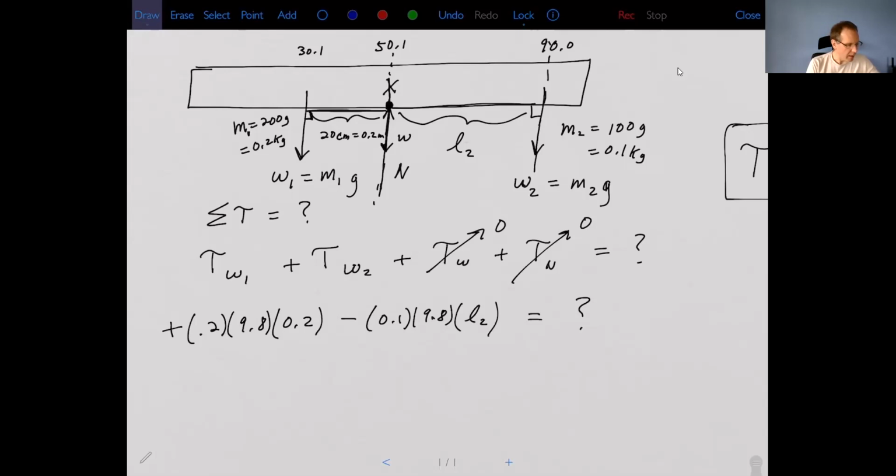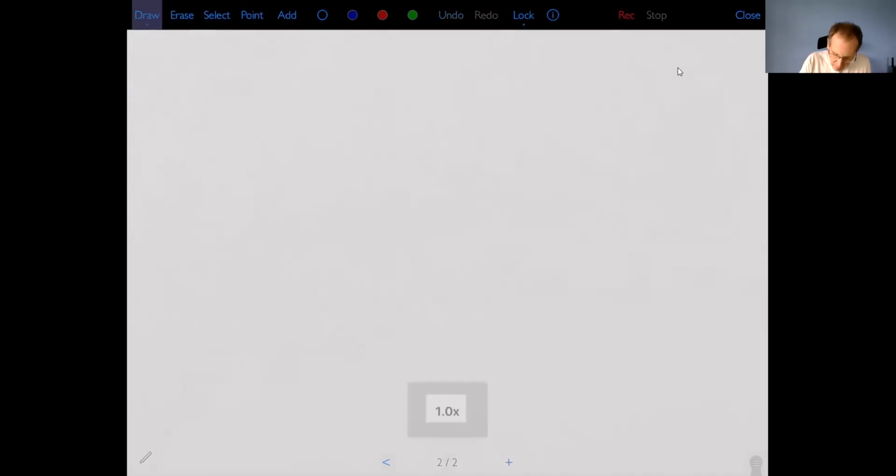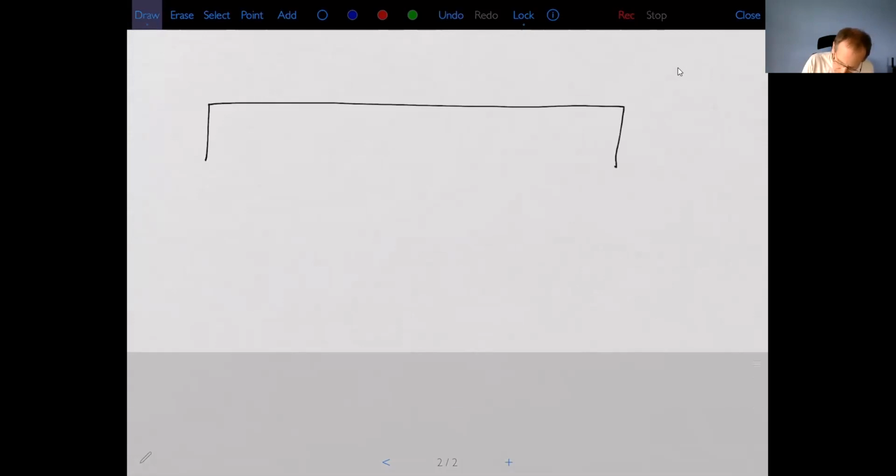Okay, the next part, part 3. In this part of the experiment, we're now going to use the second condition for equilibrium to predict the mass of the meter stick. So here's my meter stick. Remember, our center of mass was at 50.1 when I did this out.